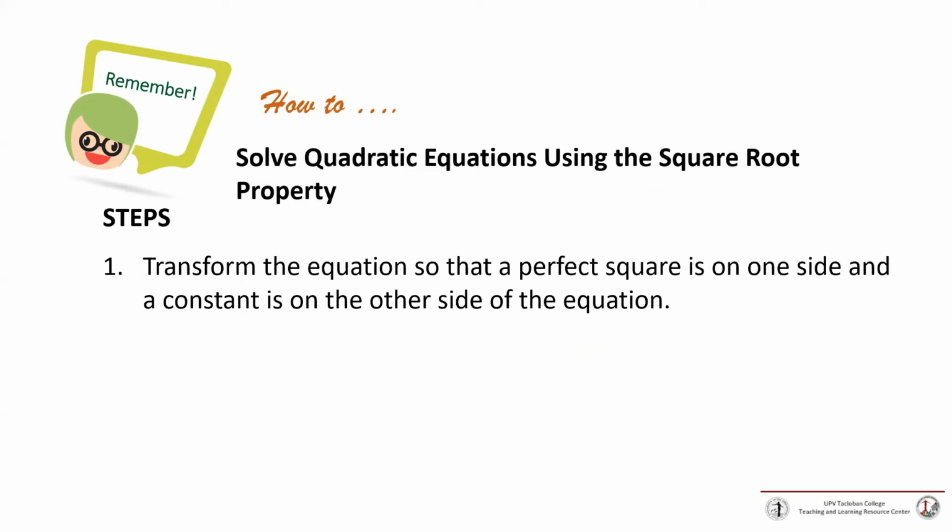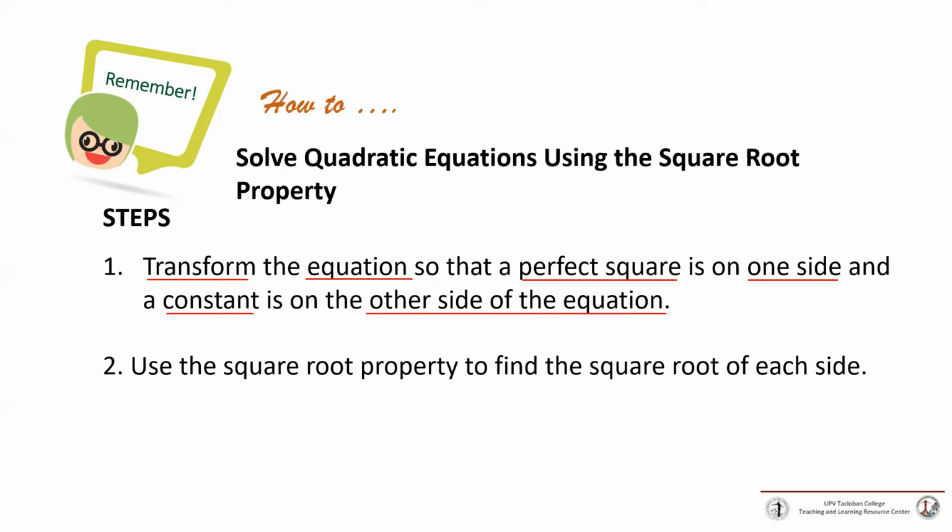Number one, transform the equation so that a perfect square is on one side and a constant is on the other side of the equation. So if you're given a quadratic equation, you're going to transform it so that you have a perfect square on one side and a constant on the other side.